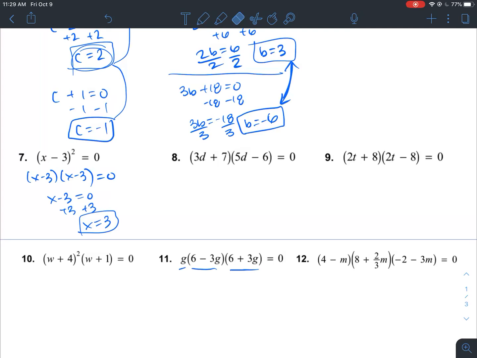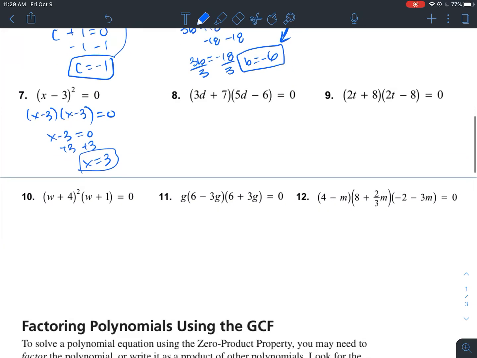That must mean that at least one of these 3 has to equal 0, if not all of them. So take this term, set it equal to 0. Right there, we already have one solution to this equation. g is equal to 0.